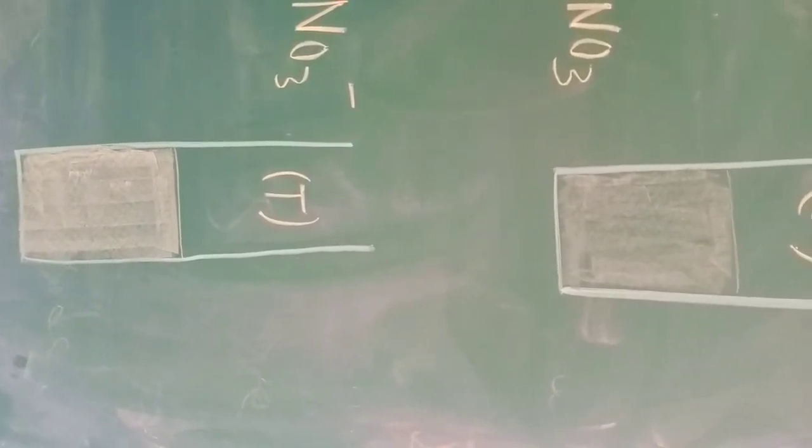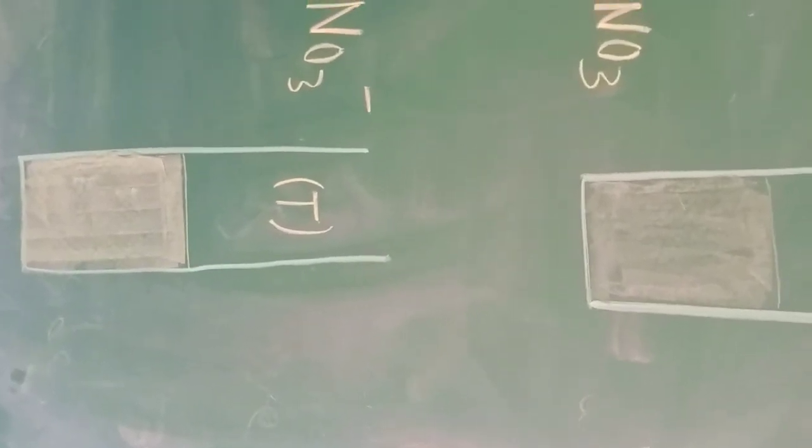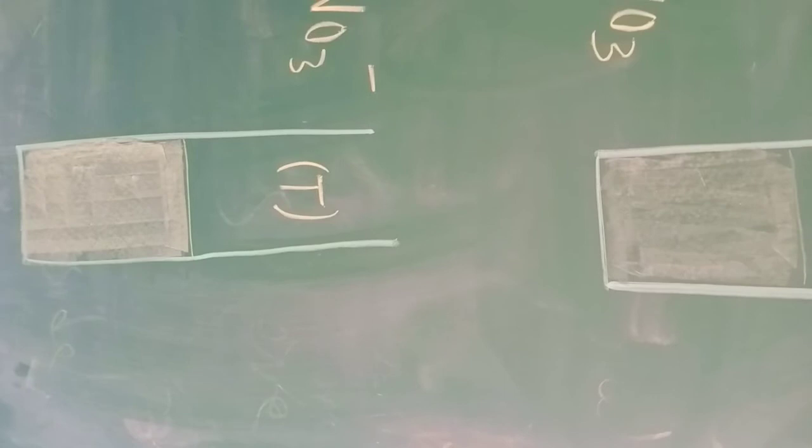As I said, the quantity of impurity is directly proportional to the turbidity or opalescence.